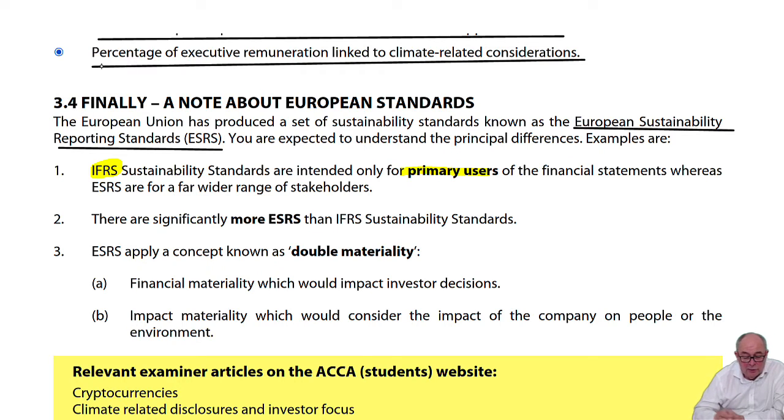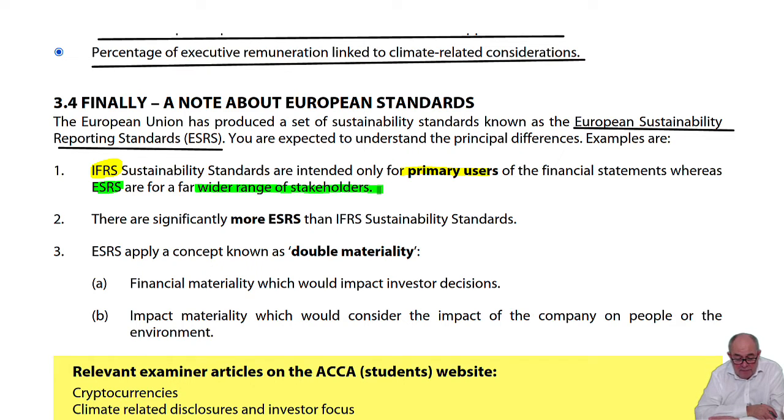The European Union, though, is much more concerned with everyone. So we, that's the yellow one, are concerned with shareholders and lenders. The European standards are concerned with everyone. So that means governments, all other stakeholders, effectively anyone impacted by the business.